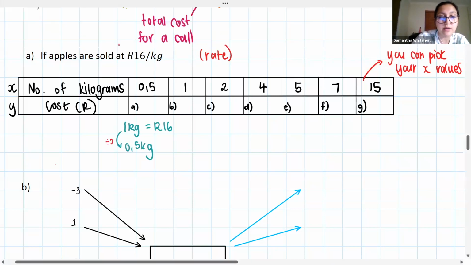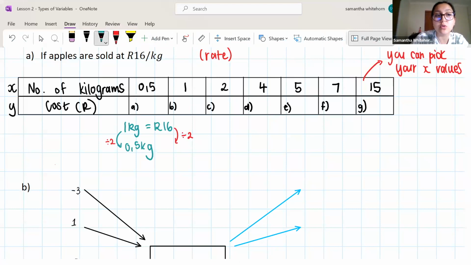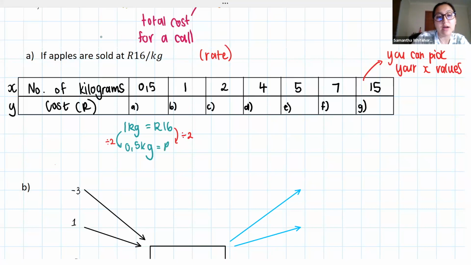If we divide 1 by 2, we get half, which means we need to do exactly the same thing to our cost. That's what a rate is, or a ratio. It all works in balance with each other. And so that's why half a kilogram is only 8 Rand.